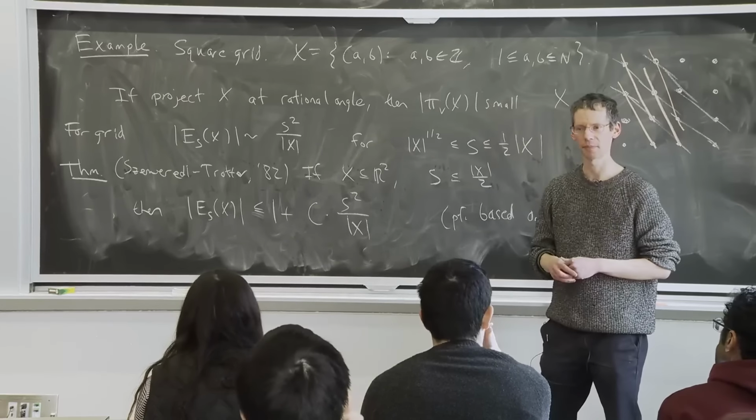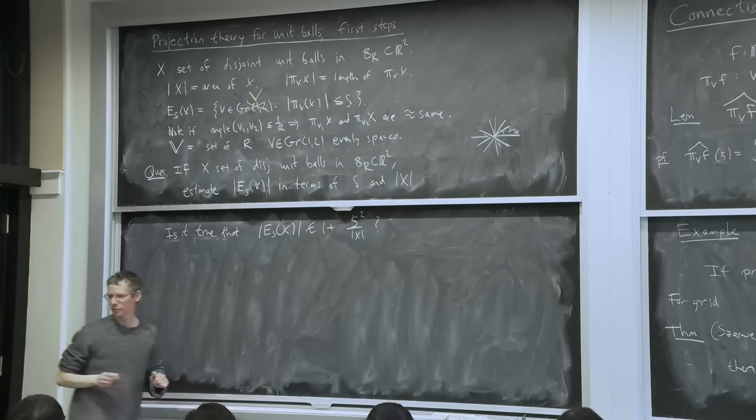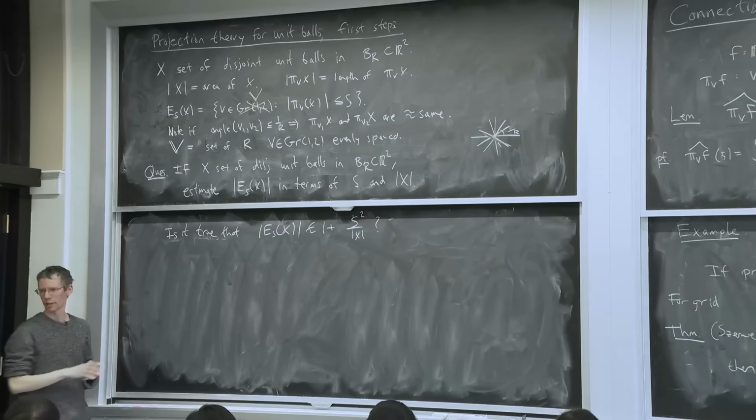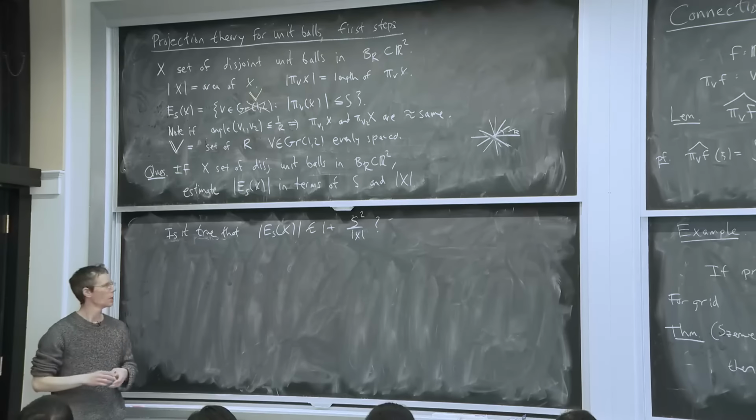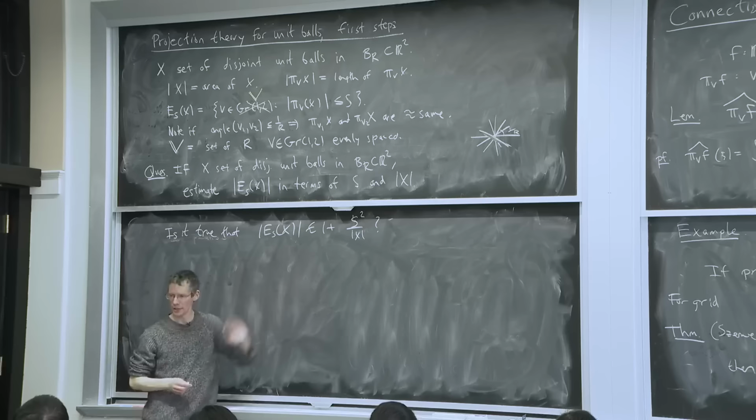OK. So is it true that E_s of x is bounded by 1 plus s squared over |x|? OK. And this is not true. There's a configuration of unit balls where E_s of x is much bigger than this.